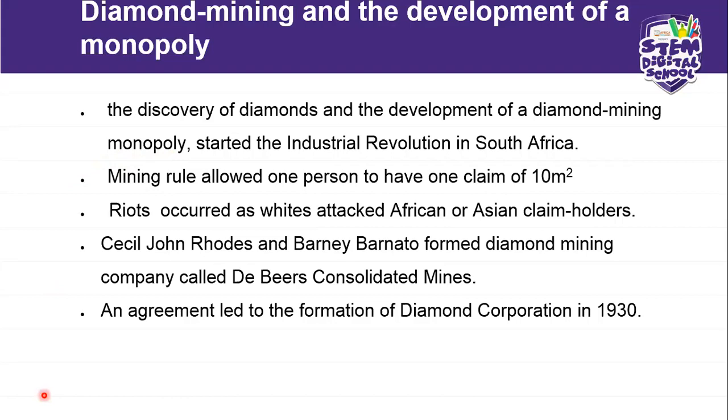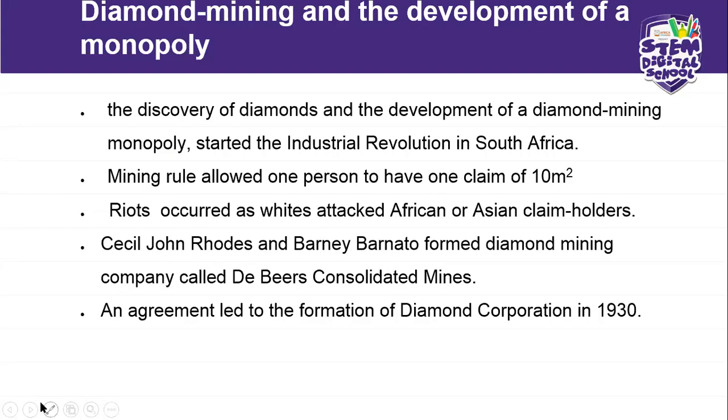So it started the Industrial Revolution in South Africa. The mining rule allowed one person to have one claim of 10 square meters. So those people who were claiming the areas, each person was supposed to have one claim of 10 square meters. Riots occurred as whites attacked African or Asian claim holders.